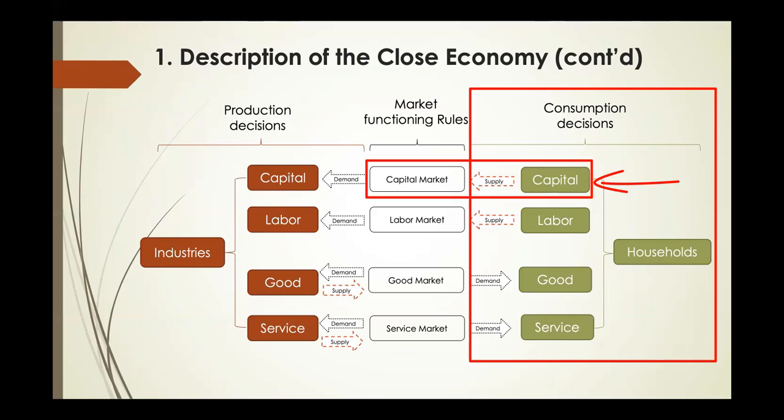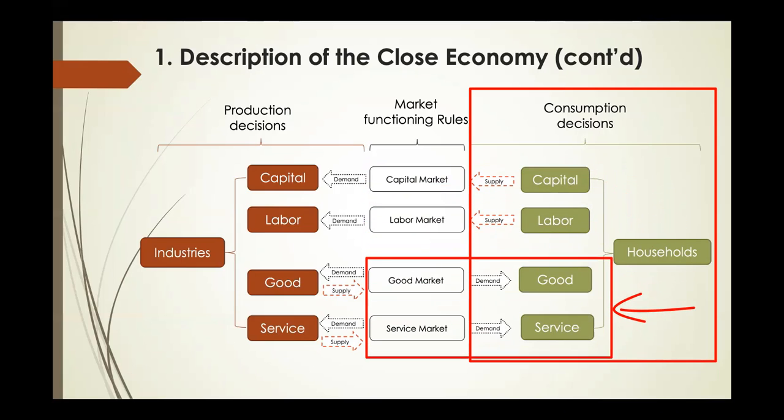In turn, each household demands commodities from the product market. They demand goods and service commodities that are produced by our economy.